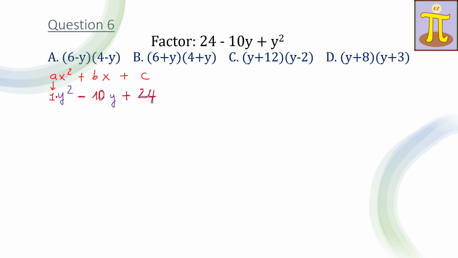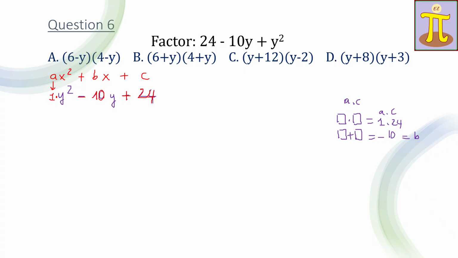Okay, so we use the AC method. We have two numbers multiplied together equal to a times c. A is 1 times c is 24, and the same two numbers add up to b, which is negative 10.